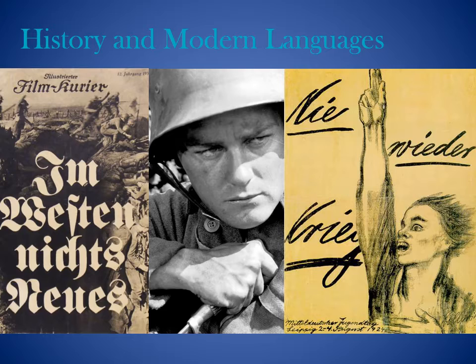It becomes an object of fierce political debate at the end of the Weimar Republic, in particular when it's turned into a film. You see a still from the film there in the middle, and where it becomes also a monument really of German pacifism. So again, the literary work read in its historical context.